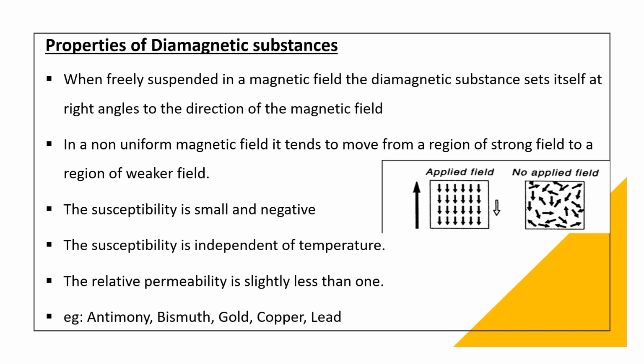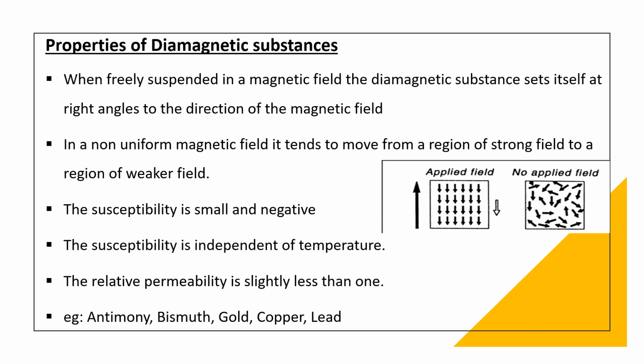And the third property is the susceptibility. The susceptibility is a property which determines how easily a specimen can be magnetized. And this susceptibility is very small in the case of diamagnetic substance, that is, it is negative. And the susceptibility is independent of temperature. And the relative permeability.